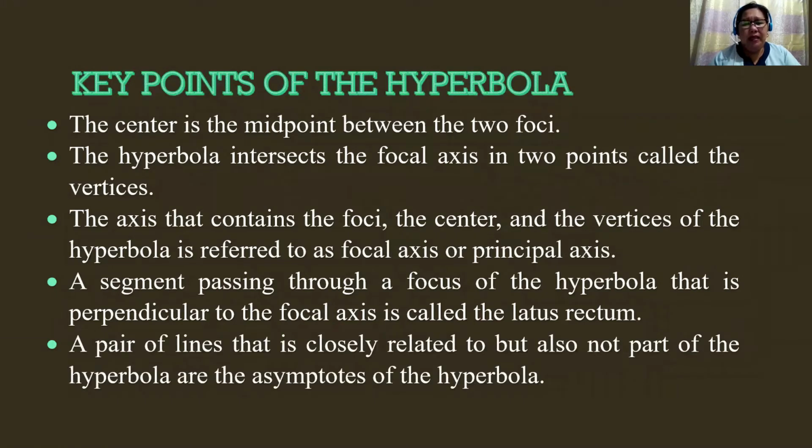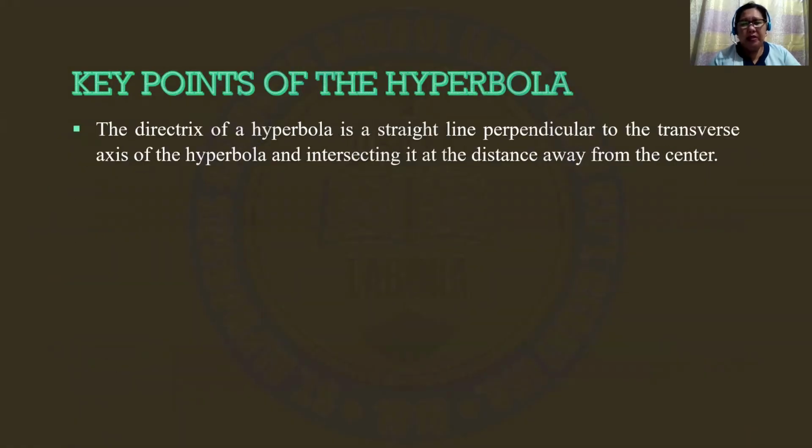A pair of lines that is closely related to but also not part of the hyperbola are the asymptotes of the hyperbola. The directrix of a hyperbola is a straight line perpendicular to the transverse axis of the hyperbola and intersecting it at a distance away from the center.